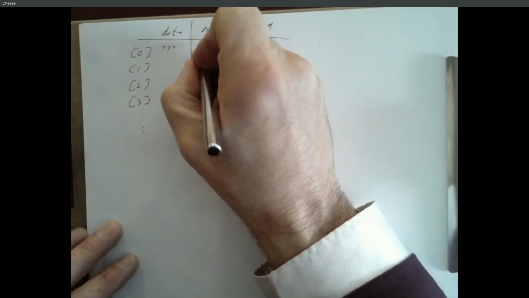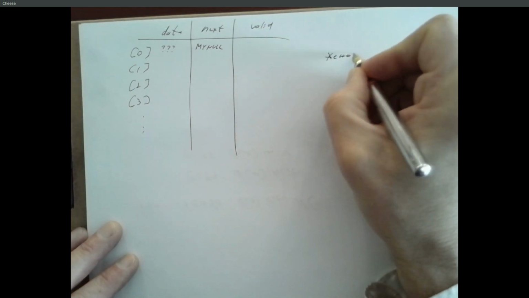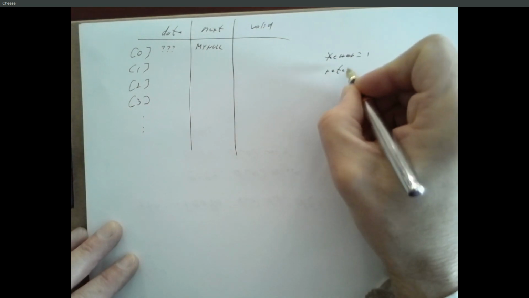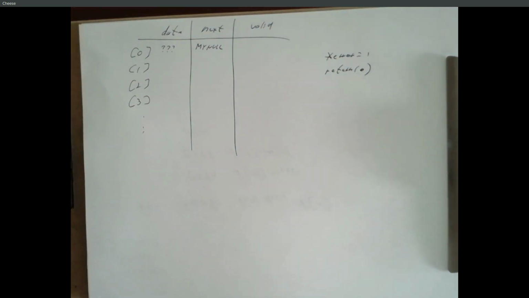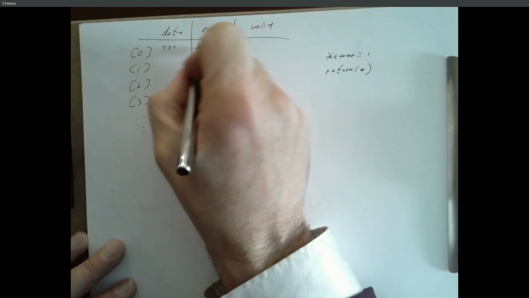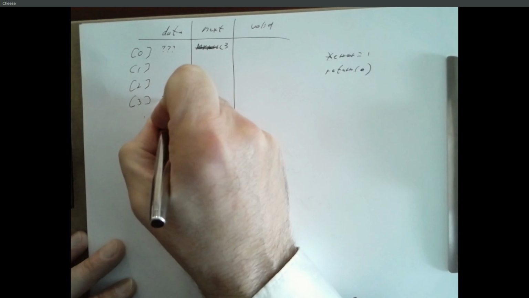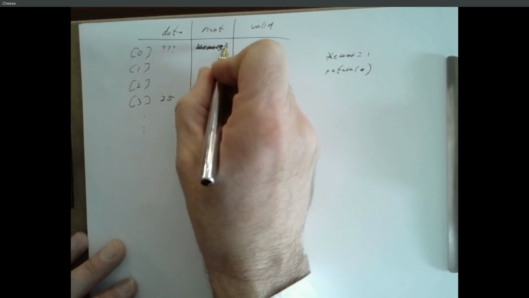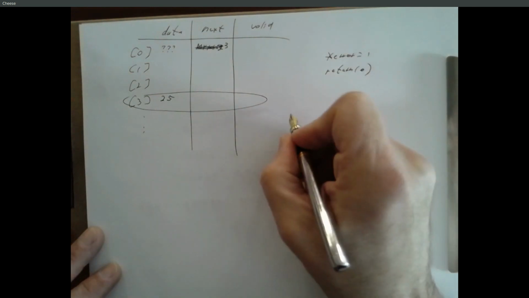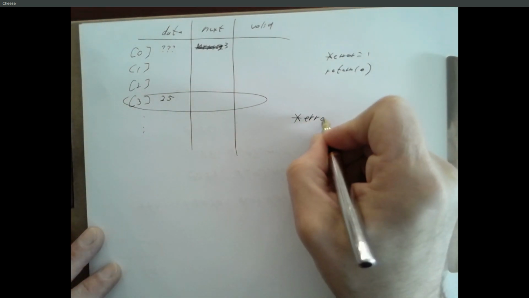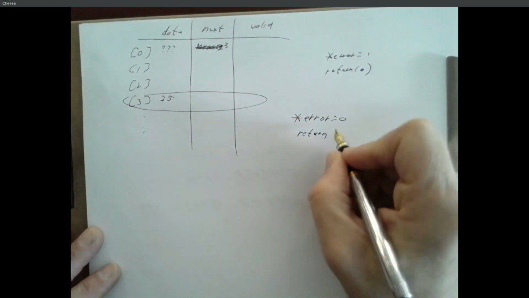If this is myNull, set error equal to 1 and return a 0. If this is anything other than -1, let's say this is equal to 3, that's saying the first data node is right here at index 3. So in this case, set error equal to 0, and you would return 25.